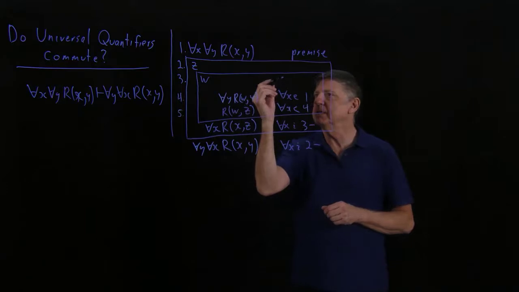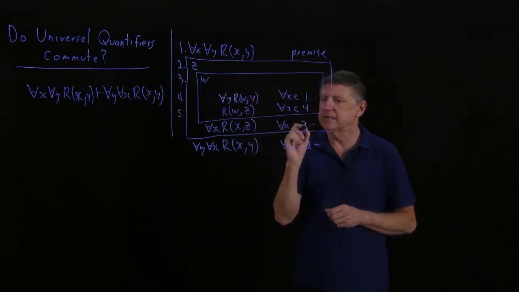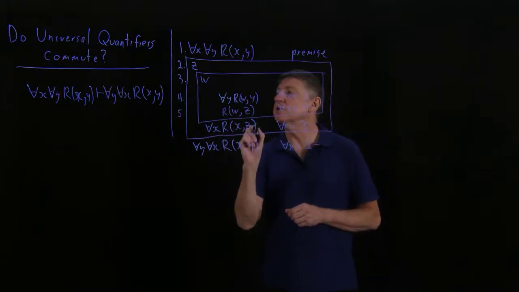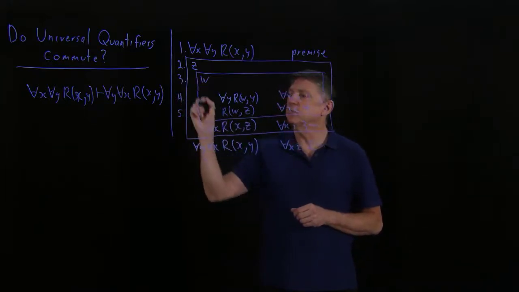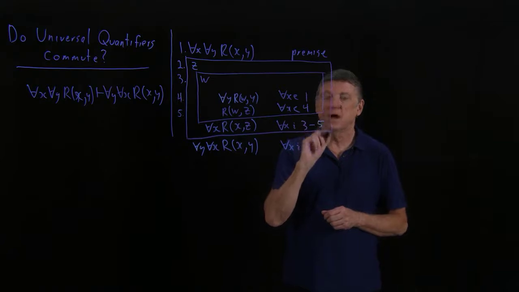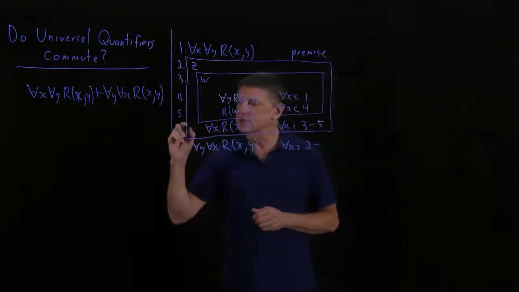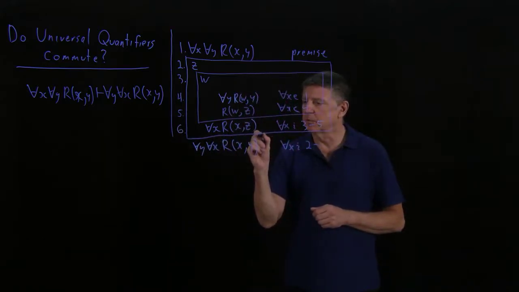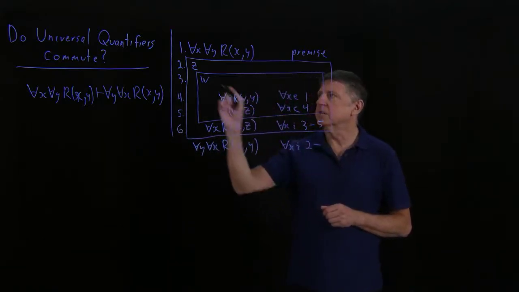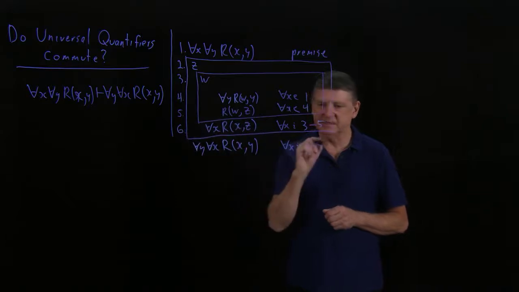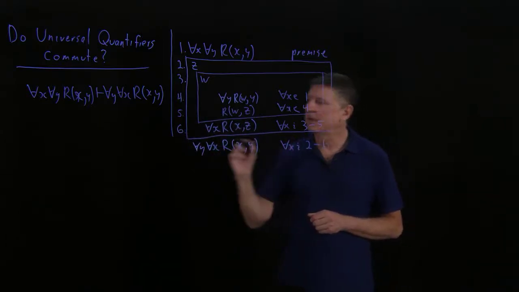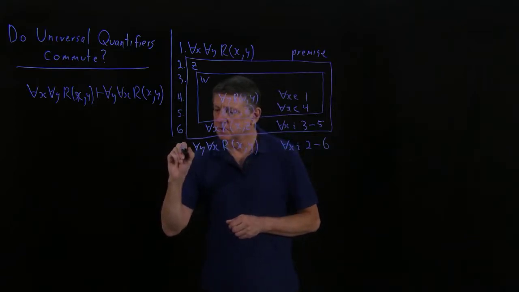I've now completed this inner box. I can say that this formula is justified by a box that began at 3 and ends at 5. I can now say that is a justified line in my proof. I've now completed this outer box. It's a box that started at 2 and now ends at 6. I now have a formula that's justified, and it gets a line number.